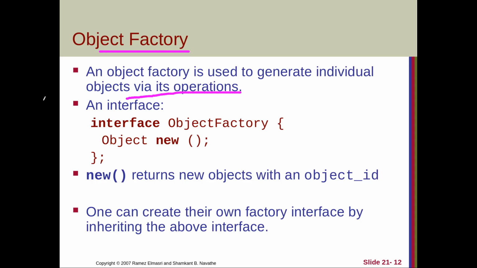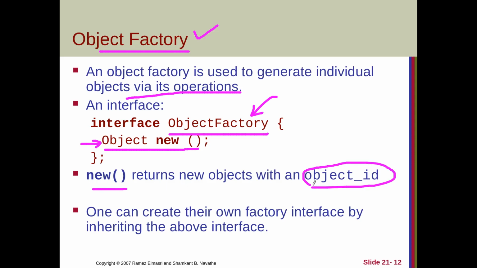So the interface will be like interface ObjectFactory. ObjectFactory is the name of an interface which is already available, and it consists of only a single method, that is new, which is of type object. That means just for returning an object we are using the new operation. So by using new we can create a new object by referring to the ObjectFactory interface which is already built in. The new returns the new object with an object identifier.